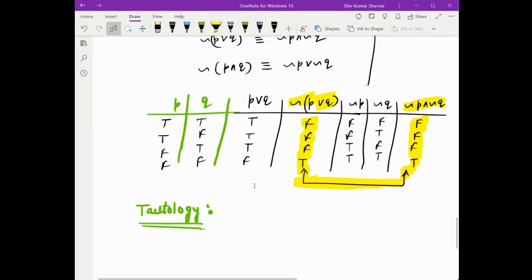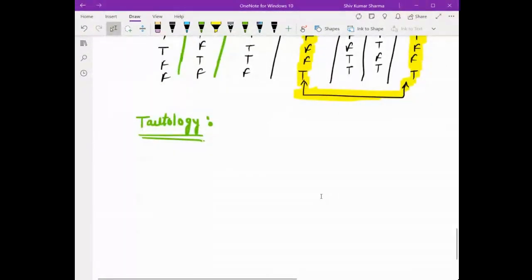So we have three main topics for that: tautology, contradiction, and contingency. For proving tautology, contradiction, and contingency, we draw the truth table, and on the basis of the truth table, we check the final column of the table.